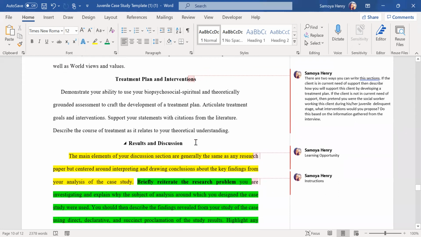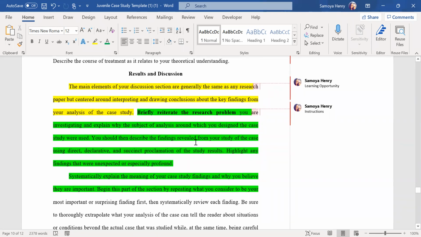You can use 1 or 2 treatments. You don't have to give the whole list, but just demonstrate that you understand how you can help this client. If you say anger management therapy and individual CBT counseling are the two things you want to use, then look up research to justify that these two things work, okay?